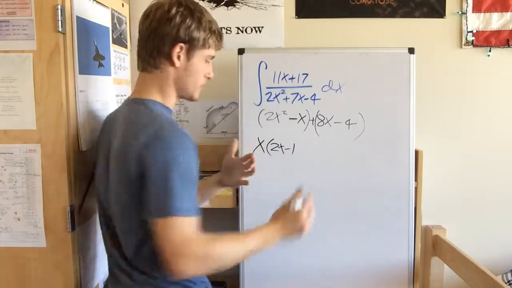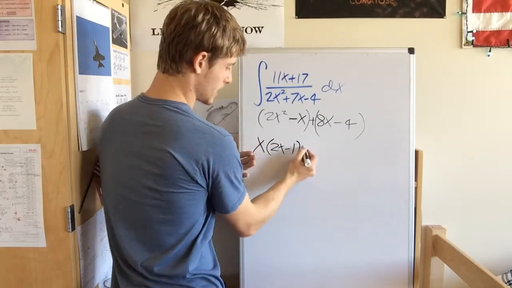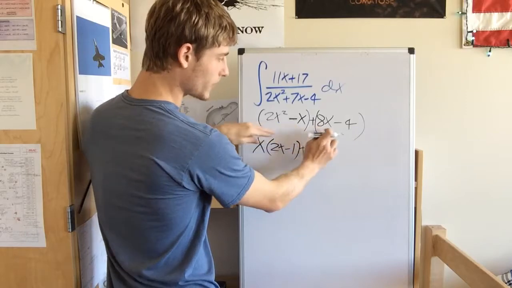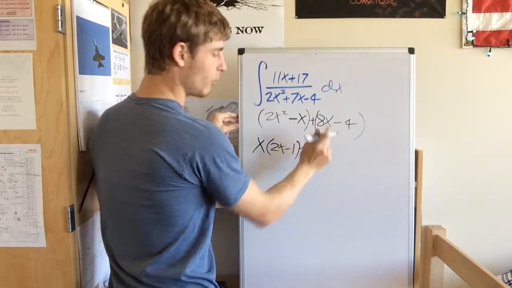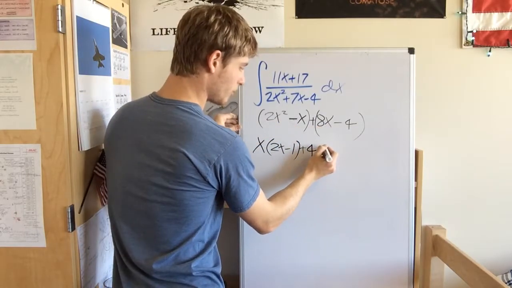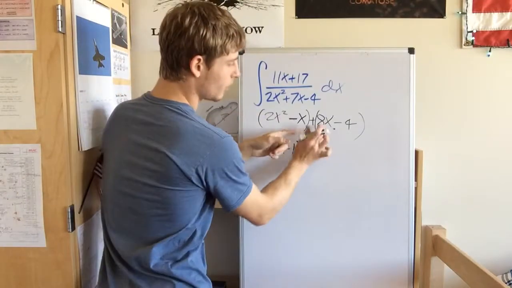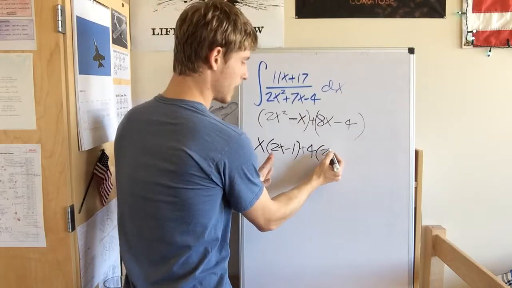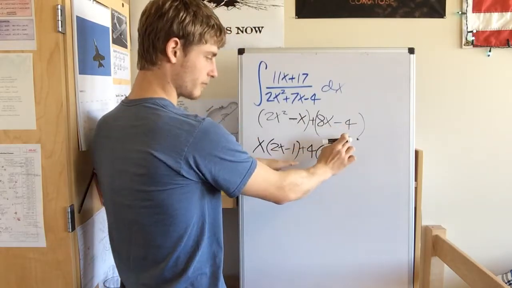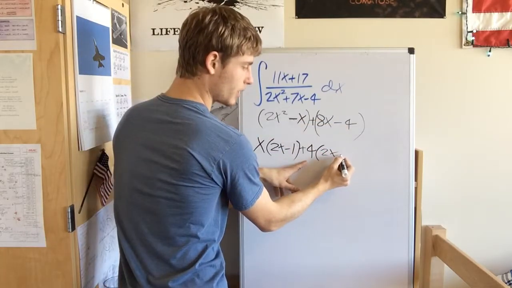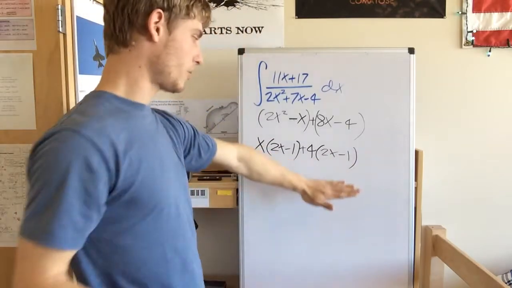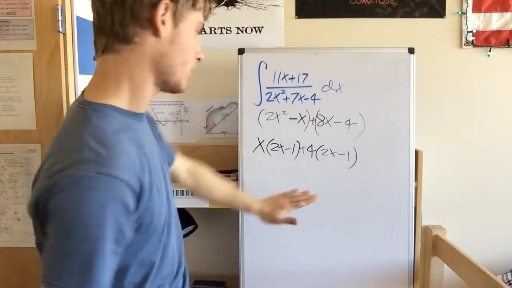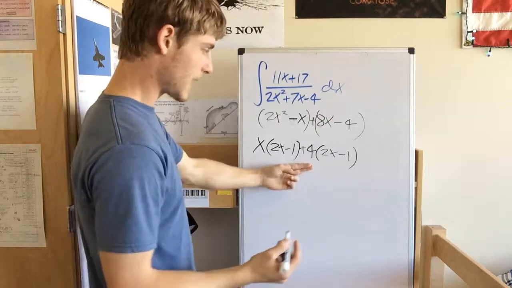And we're trying to simplify this as much as we can, right? So that's going to be plus. Well, we can do the same thing here. We're going to take out a 4. But what's this going to do? And this is kind of cool. Now we're going to have a 2, because 4 times 2 is going to be 8. 2x, and minus, and then 4 divided by 4, that's going to be 1. Minus 1. So now we have the two terms in our parentheses equal, and we just start to add these terms up.